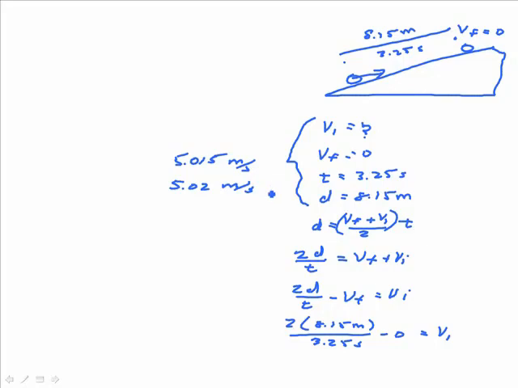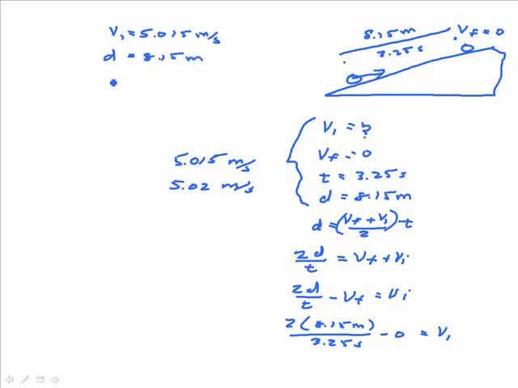All right, and that was the initial velocity. Now what was the acceleration? Well, we could go up to the top here and say, since the initial velocity was unknown, or in this case the initial velocity now we know was 5.015 meters per second. The distance was 8.15 meters.